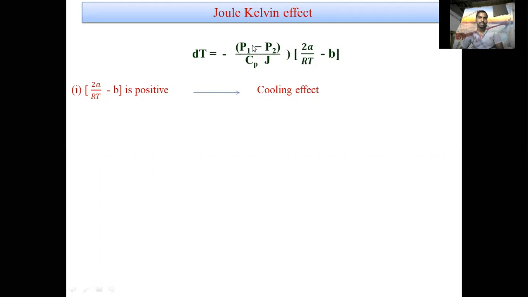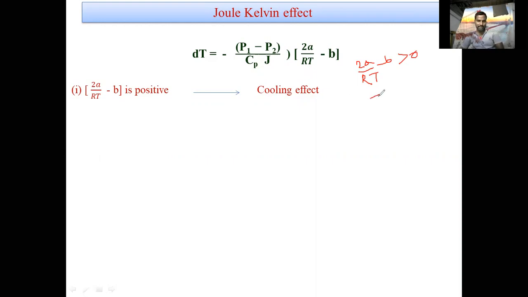Suppose 2A by RT minus B is positive, meaning greater than 0.